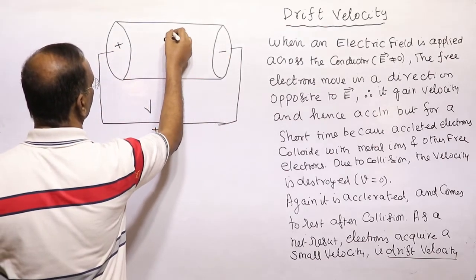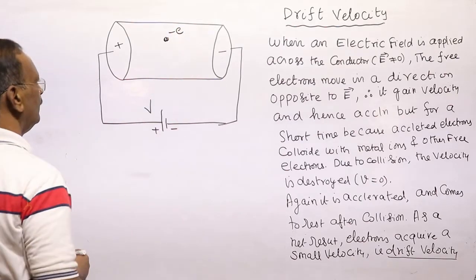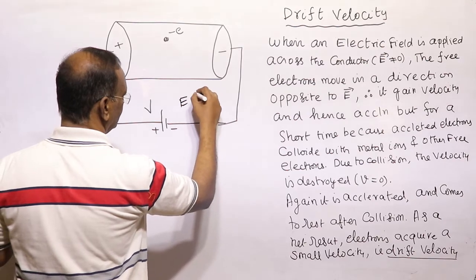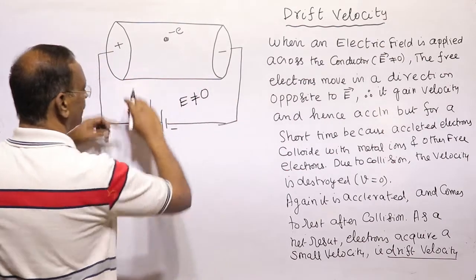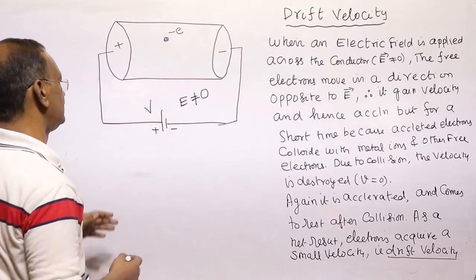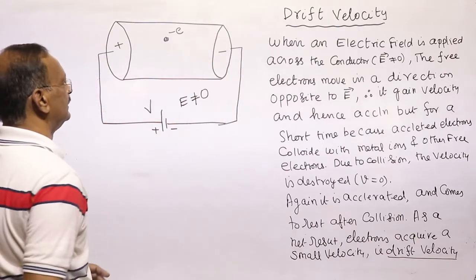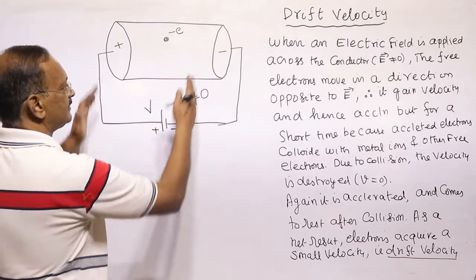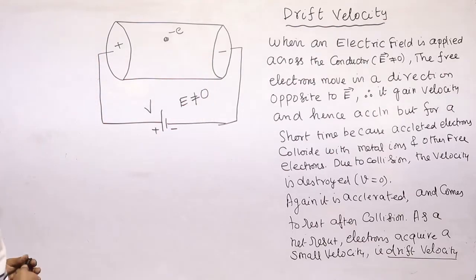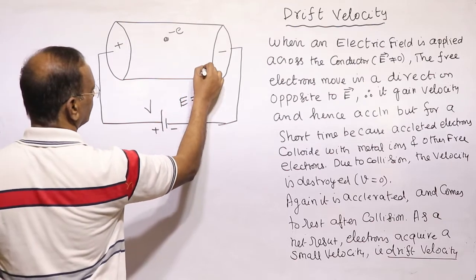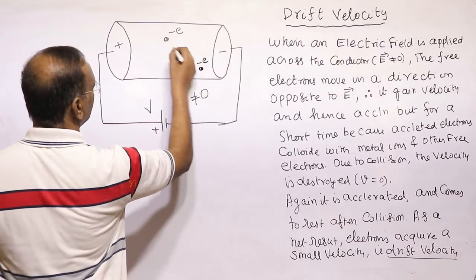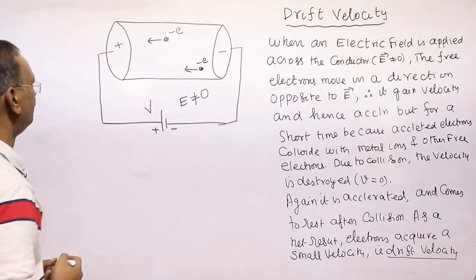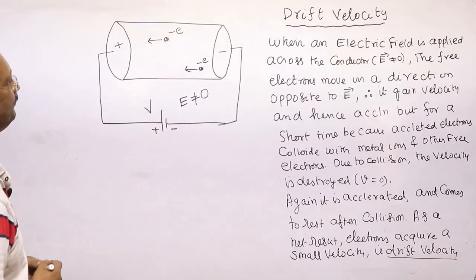When the applied electric field E is not equal to 0, it means a potential difference exists across the conductor, with a higher potential and a lower potential. What will happen? The free electrons will start moving towards the positive end of the conductor.